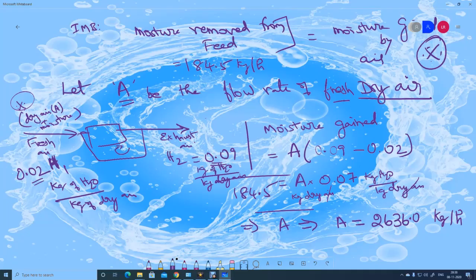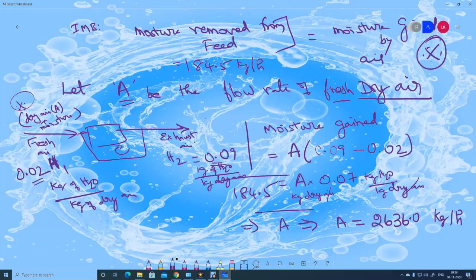This minus this gives us the moisture gained from the solids. So A into 0.09 minus A into 0.02 gives us the moisture gained, which is 0.07 into A. The moisture gained is nothing but the moisture removed from the feed, which is 184.5 kg per hour. Equating this, we get the value of A, which is 2636 kg per hour.